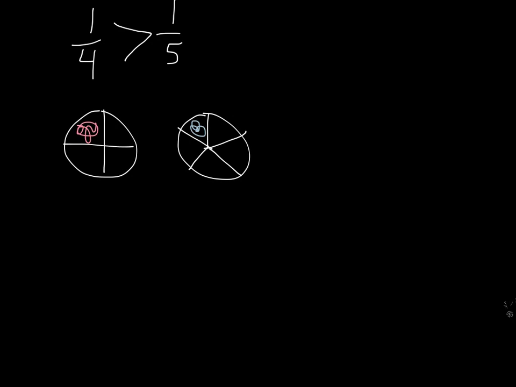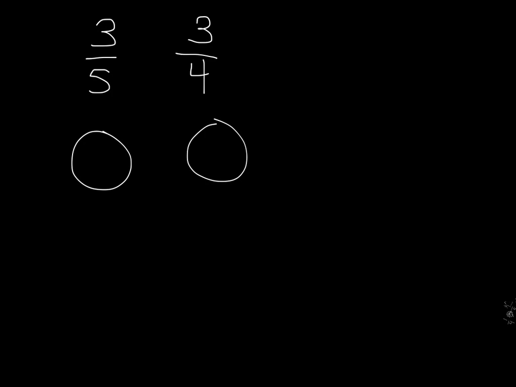In fact, what I want us to see real quick is it's actually always true as long as the numerators are the same. We don't talk a lot about common numerators in math, but they can be helpful. For example, if I wanted to compare 3/5 and 3/4. Well, what I recognize here is in both cases, I've got 3 pieces of pizza.